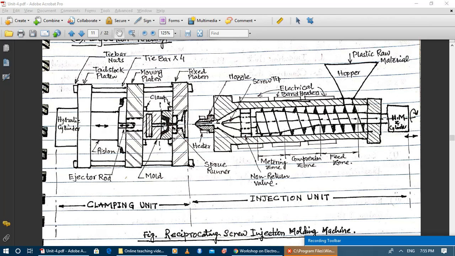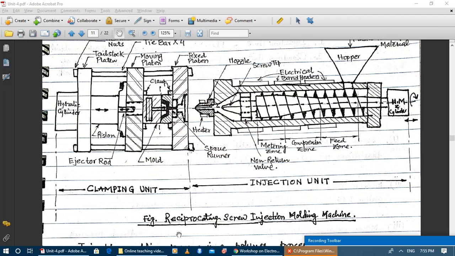So ejector plate along with all the ejector pins will move forward when mold is opened, and finally by the forward motion of the ejector pins, product will be ejected and it will fall out of the mold, and molding cycle will be repeated for the next shot. So this part is known as the ejection of the molded component.